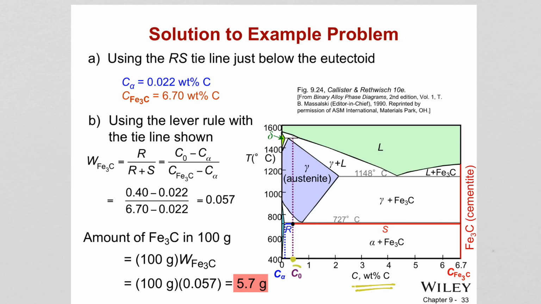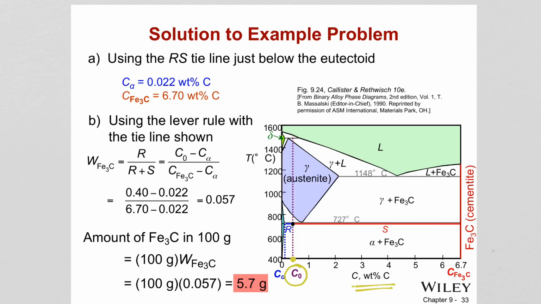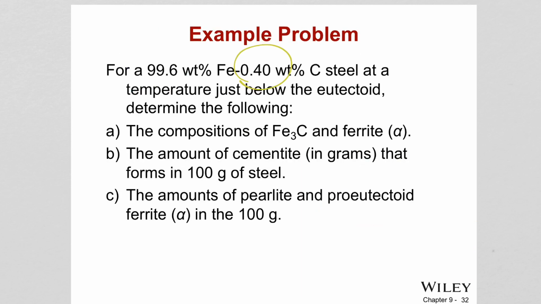Okay, it's somewhere here. And this is our original composition, and we are told that it is at a temperature just below the eutectoid temperature. So just below, this is the eutectoid temperature, right? Somewhere below that, we have to read the composition of, what does it ask? Let me see. The composition of cementite and ferrite.